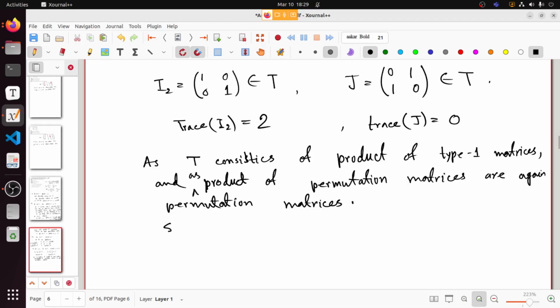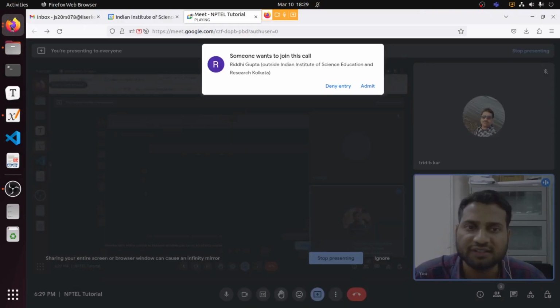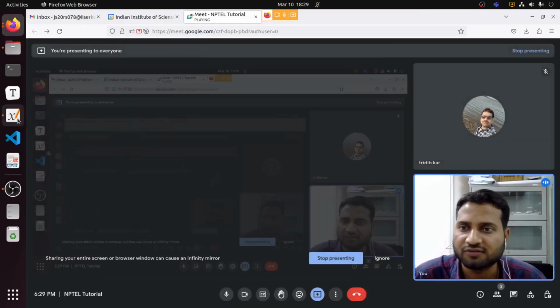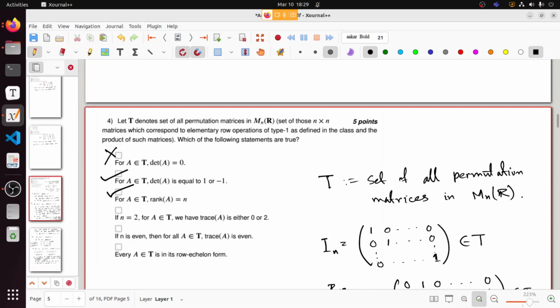I2 or J. So which implies if A is in T, the trace of A is either 2 or 0, right? So for n equals 2, all the matrices in T have trace either 2 or 0. So option number 4 is also correct.